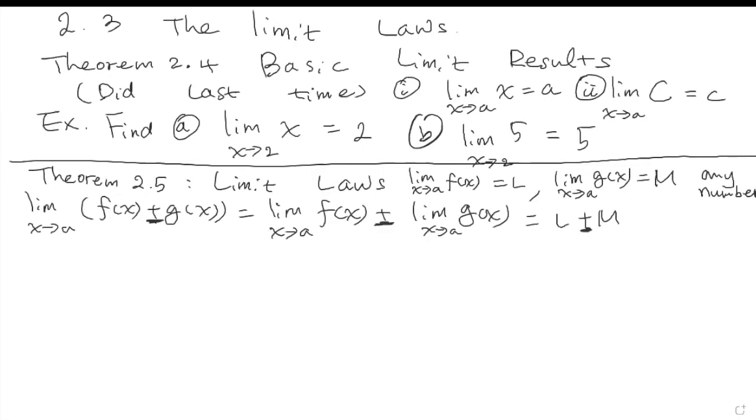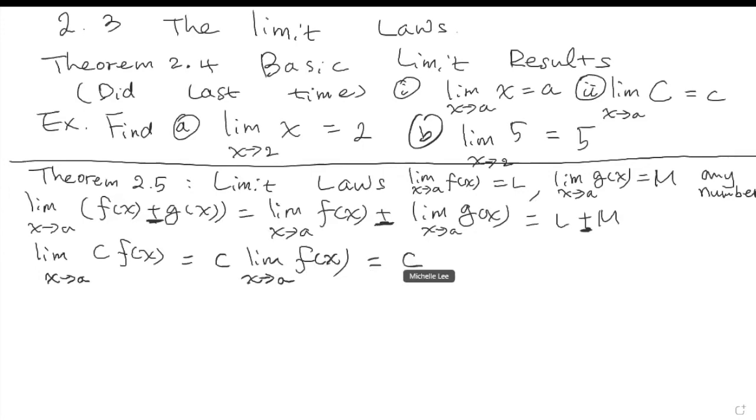Now, if we have a coefficient, a constant in front of the function, then we can take the constant outside of the limit. Then we have constant C times L, since the limit as x approaches a of f of x goes to L. And we have multiplication.